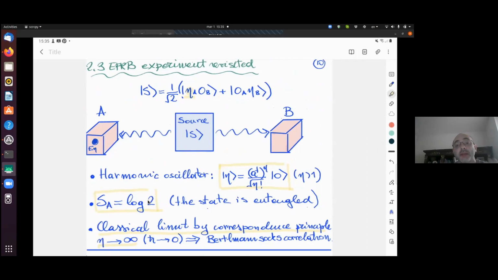This correlation might be classical at the end. So we must be smart like Bell to devise an experiment to really observe quantum correlation. In this case, the experiment which one should devise would need to break particle number conservation.